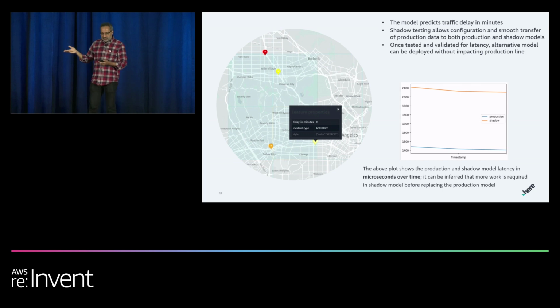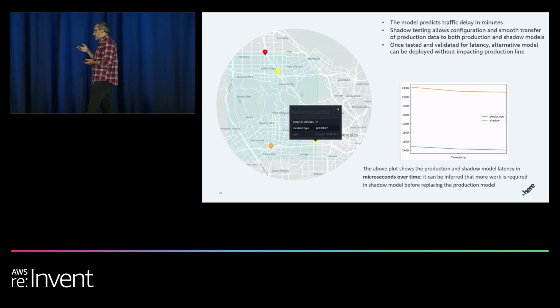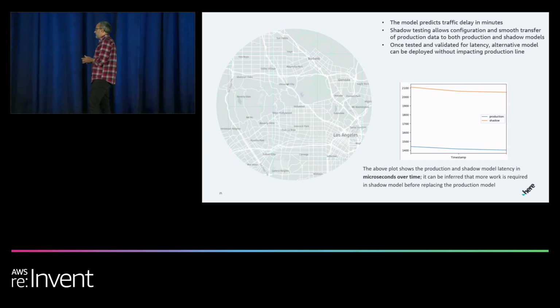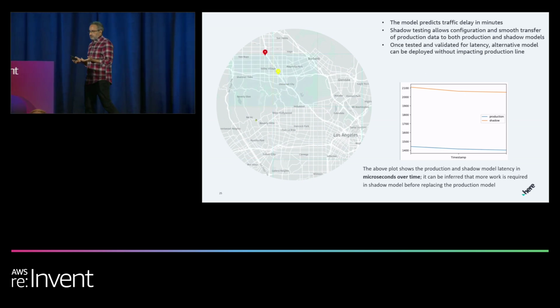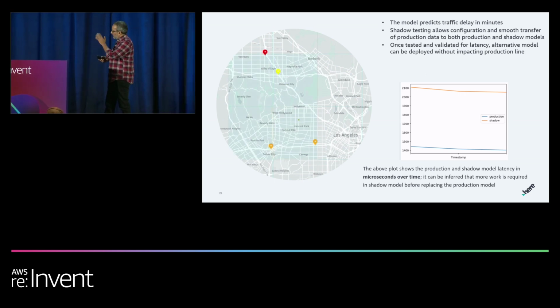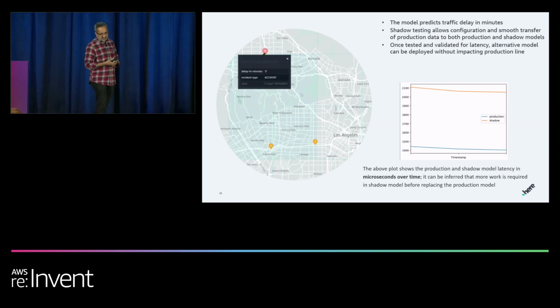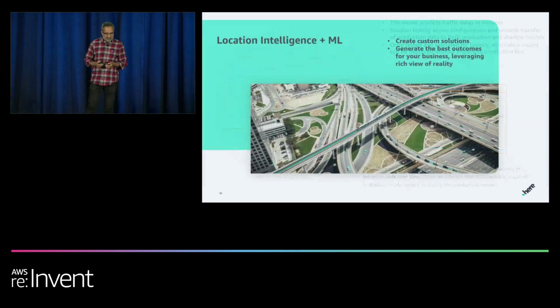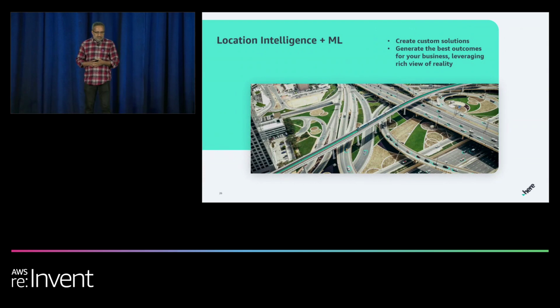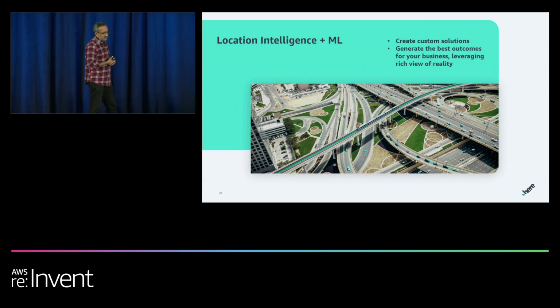And the graph on the right side is showing the latency of the production and shadow models in microseconds, right? The y-axis there with no label is actually the latency in microseconds. All right? So that kind of brings me to the end of the implementation we had.